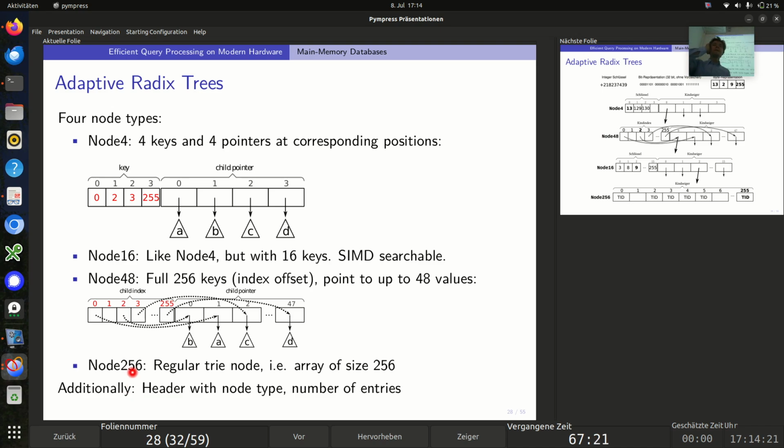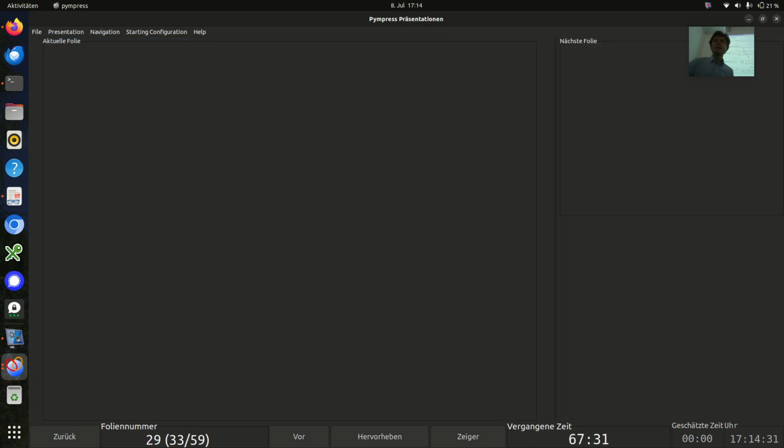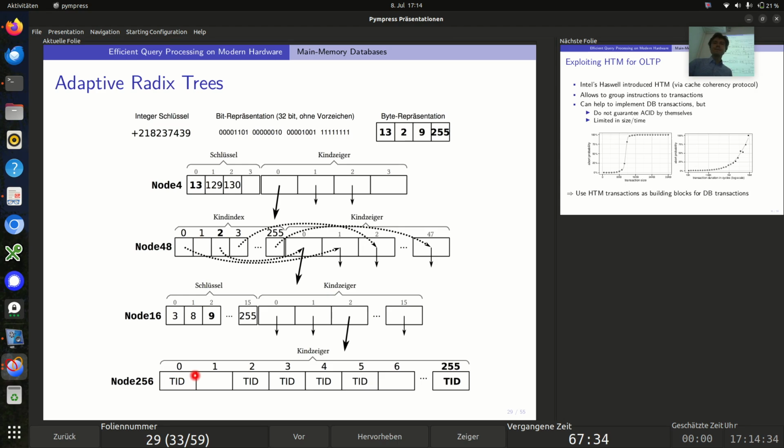And then the colleague said, let's also tackle some other kinds of nodes. The first one: if you have the node 256, maybe I show it on the next slide. Here you see it. Here it's implicit. If you have the key, for example 2, you just access the value at position 2.